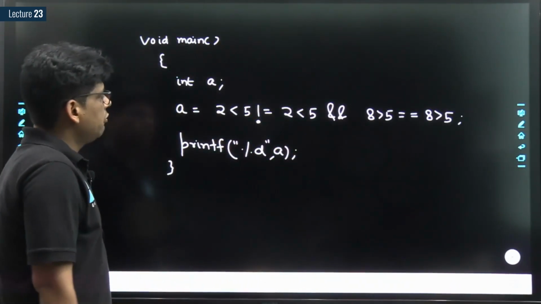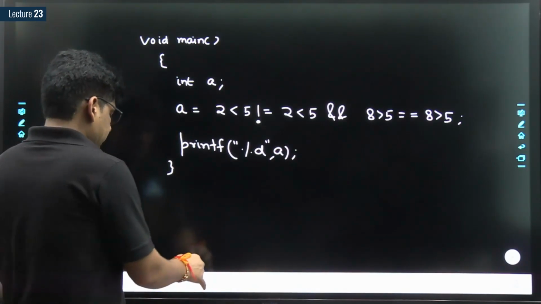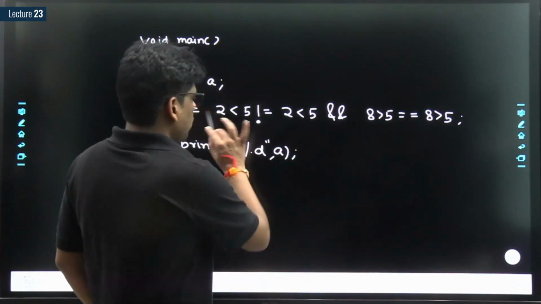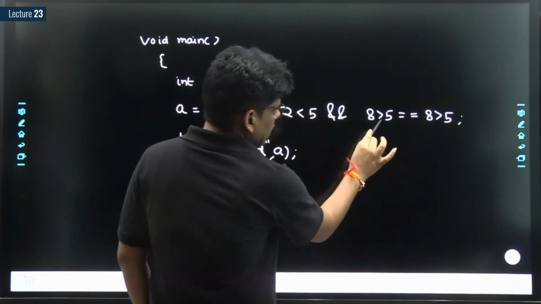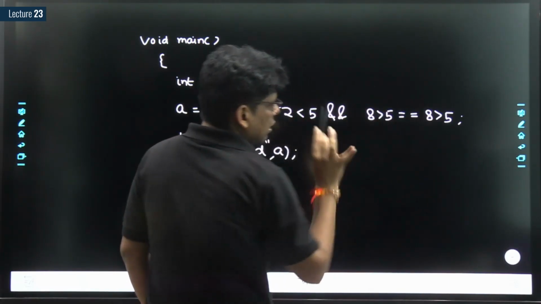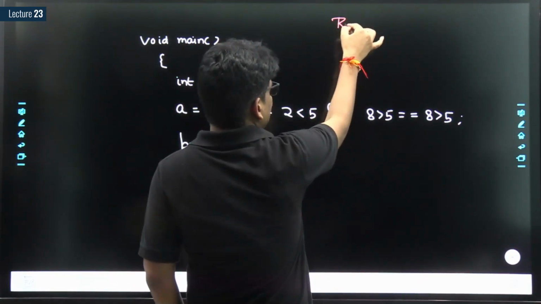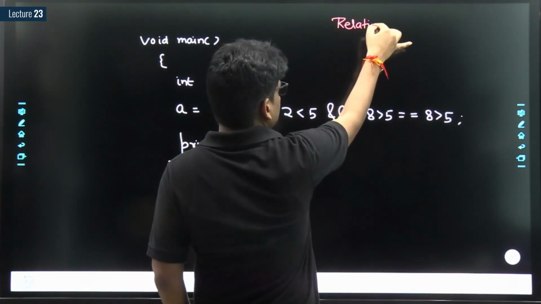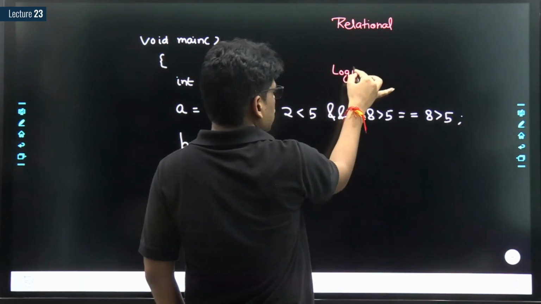Let us try to solve another question like this. Okay. Sir, again, what we have? Relational, logical, relational. The priority of relational operators is more than logical operator for sure.